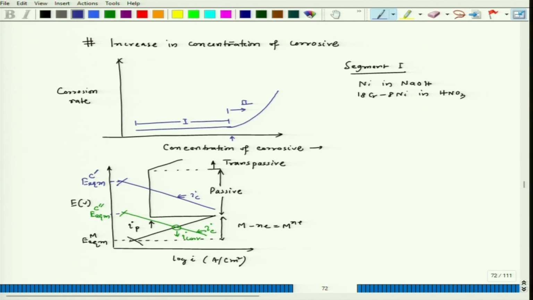Now, if we compare these two situations as per mixed potential theory, we have a very high corrosion rate which is located at this location. Fine.